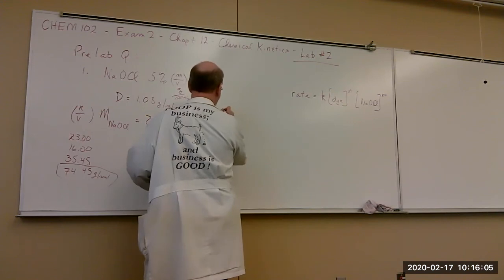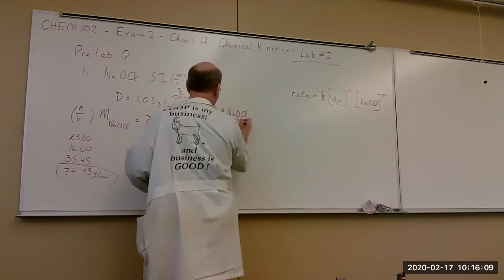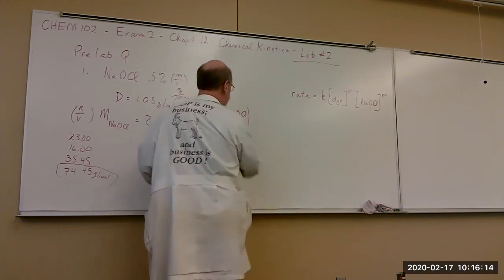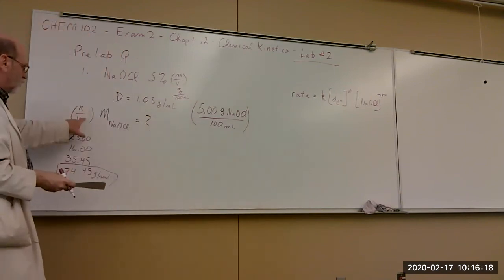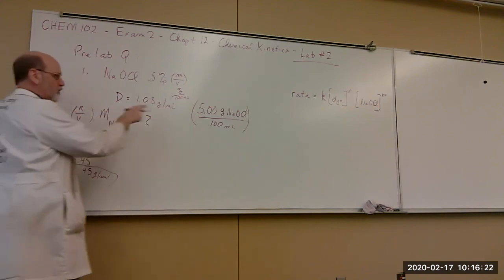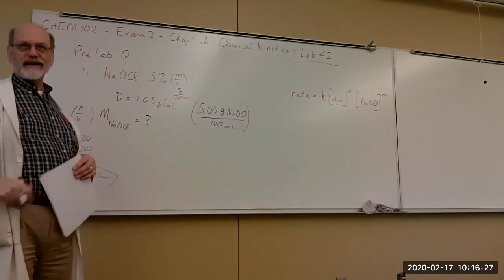So this is so many grams of sodium hypochlorite per 100 milliliters. That's our starting point. And we need to end up with moles per volume. In order to do that, when you have 2 units that are going to be changed, you do 1 unit at a time.